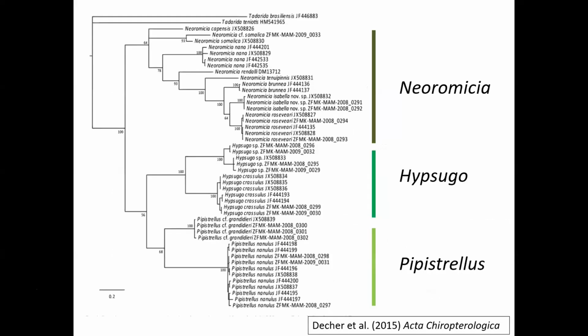But then a short while later, together with Jan Decher, we did another revised phylogeny for bats of the same region, but this time combining data from Guinea, where Jan Decher was working. And this time we were able to recover Neromisia as a monophyletic group.